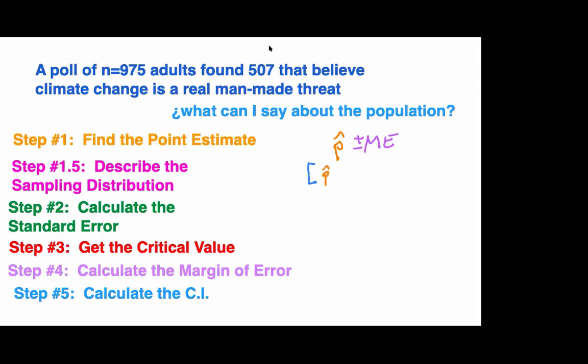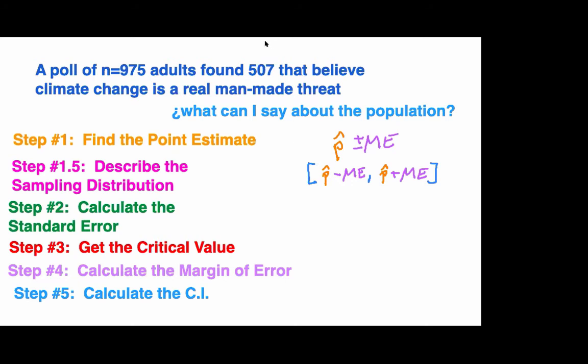So we take the value minus the margin of error, and then we go up to the value where we take the point estimate plus the margin of error. And that gives us our interval estimate.